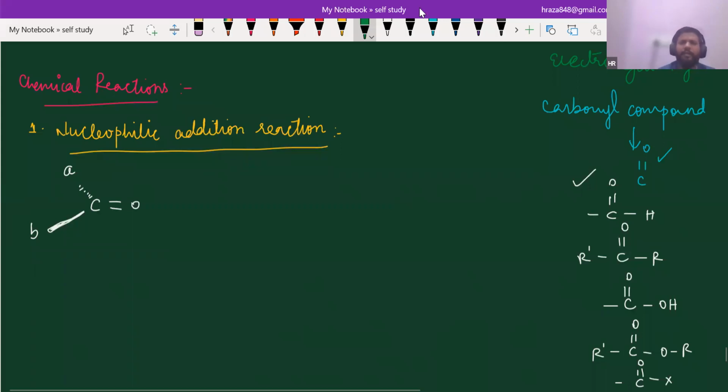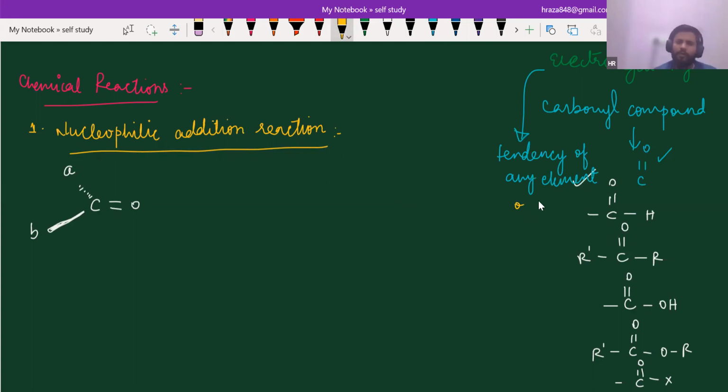So basically, here electronegativity is the tendency of any element of withdrawing, or we can say attracting, bonded electrons.